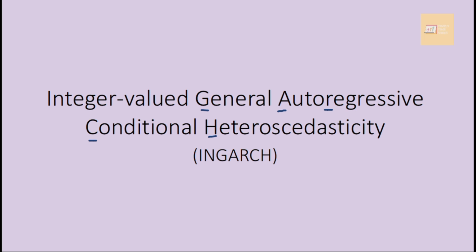Because in GARCH, we focus more on modeling the random error, the variance of the random error. While in INGARCH, it's not the case. In INGARCH, we will assume some conditional distribution on the observed value, and then we will model the mean of that conditional distribution in the next layer or the next hierarchy.